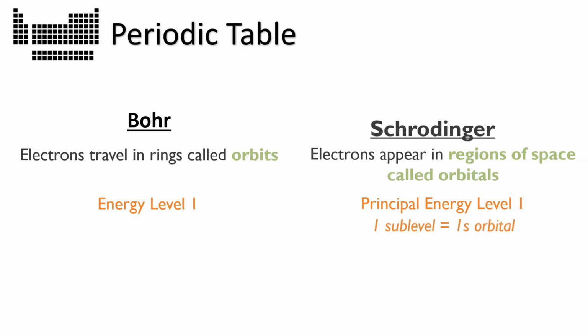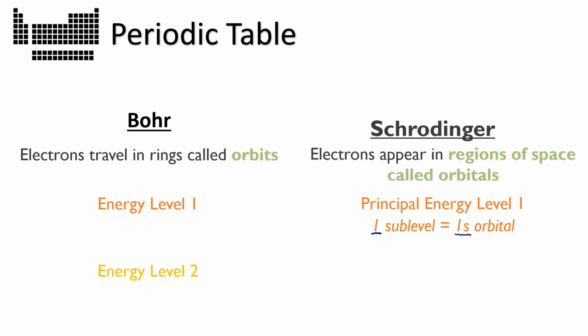And it's called principal energy level 1 because within energy level 1, Schrödinger also discovered that there are sublevels. In energy level 1, it's fairly simple. There is only one sublevel, and its name is the 1s orbital. So you still don't know what the 1s orbital looks like, but that's okay. We're going to get to that. We're just keeping track of which orbitals are in which energy levels.